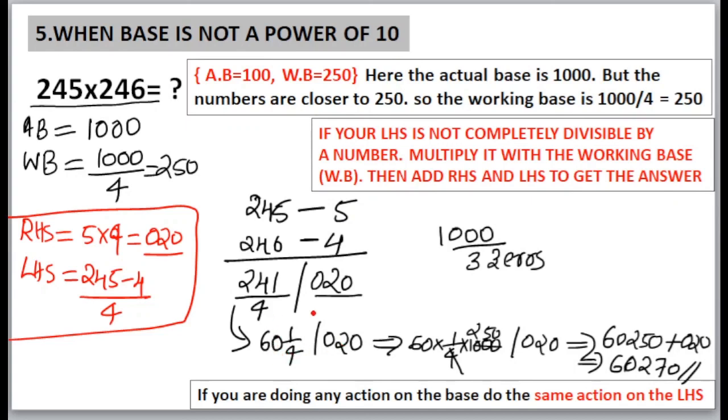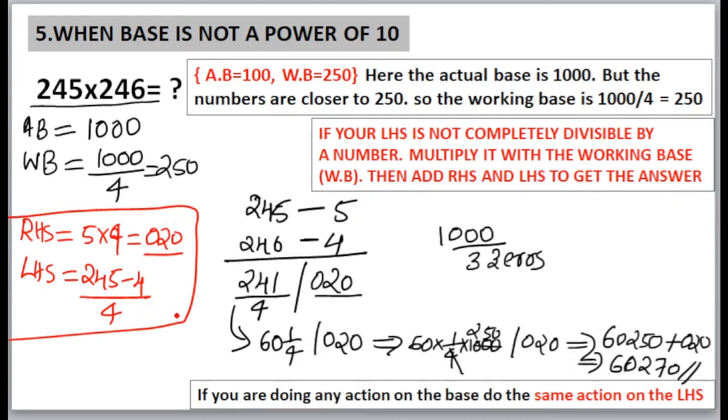But when you have a negative symbol in your RHS, you will multiply LHS with base, then subtract RHS from it. So both are the same concept. Just multiply it with base, then add or subtract. This is your answer. 60270 is your answer.